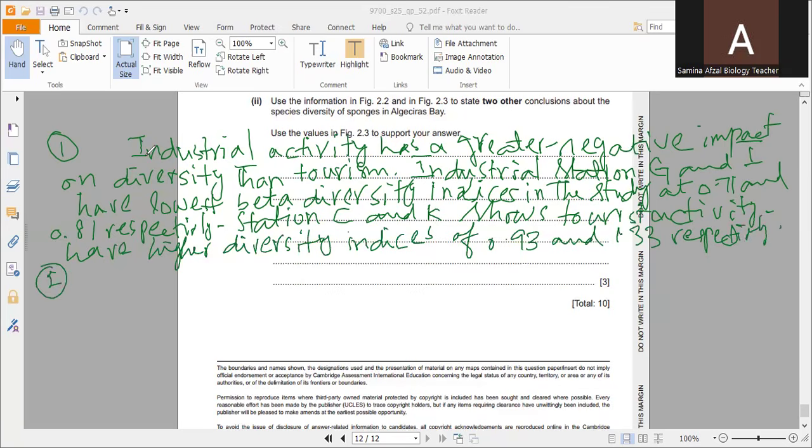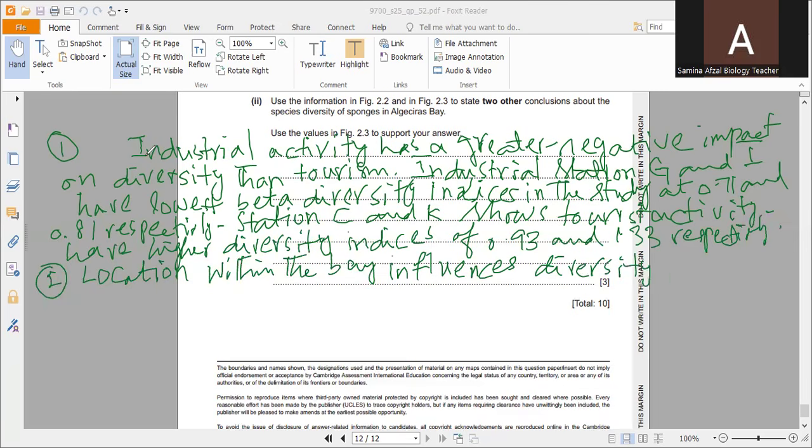And the second is that location within the bay influences diversity levels.